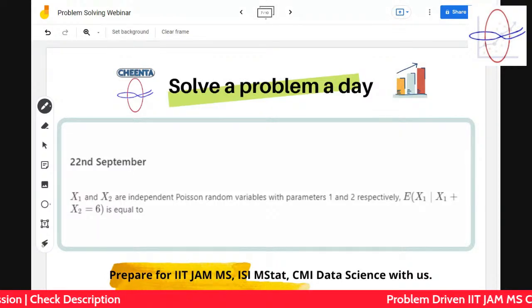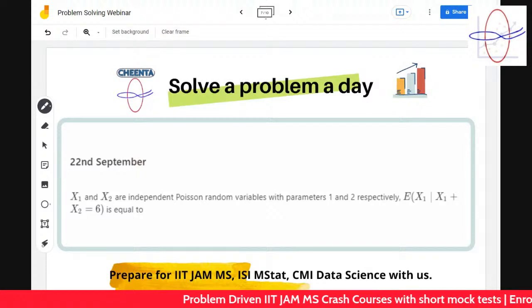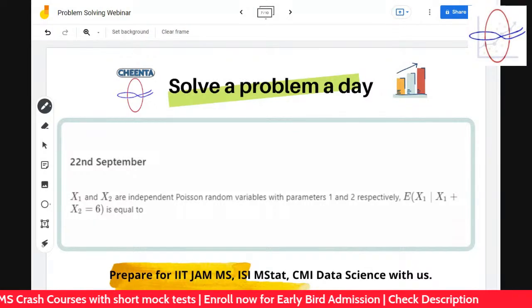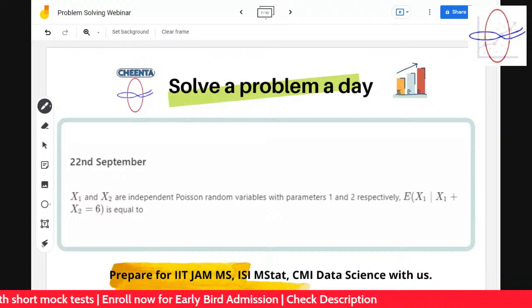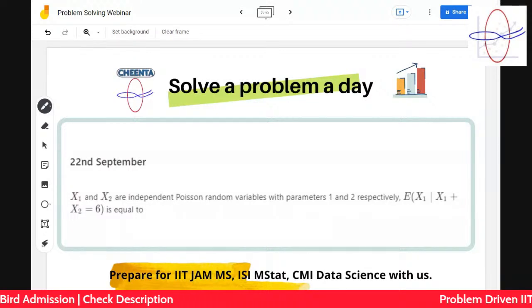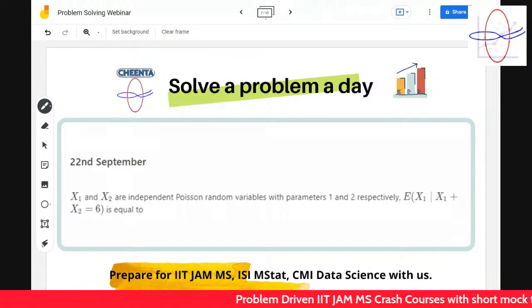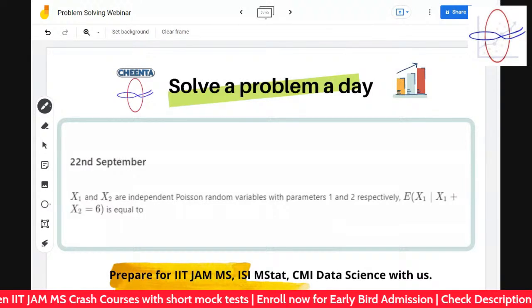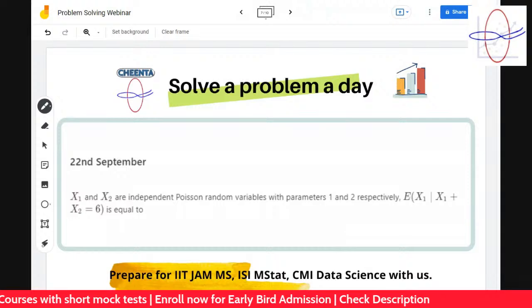Any ideas of how to do this? How will you use the idea? This is based on a very simple and interesting property. Do you know the property, guys? It's a very beautiful relationship between Poisson random variable and binomial random variable, except for the limiting sense aspect.